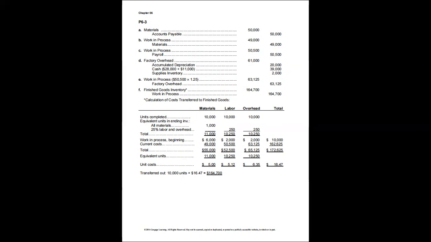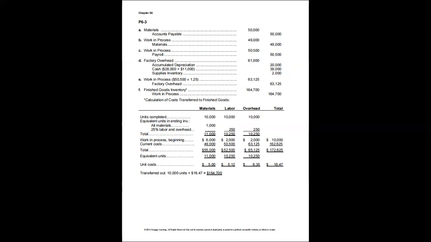50,500 times 1.25 of direct labor cost. Direct labor cost is 50,500. Now, as stated, applied overhead to work in process at a predetermined rate of 125% of direct labor cost.